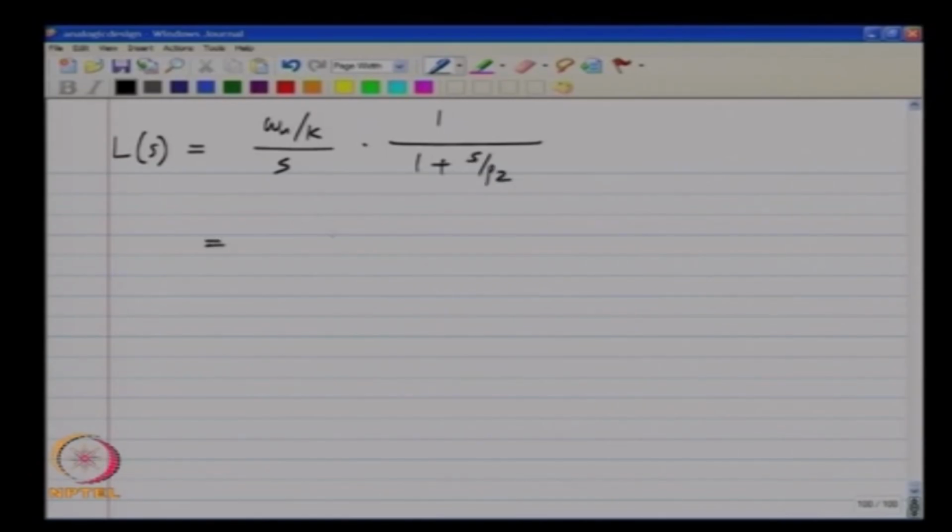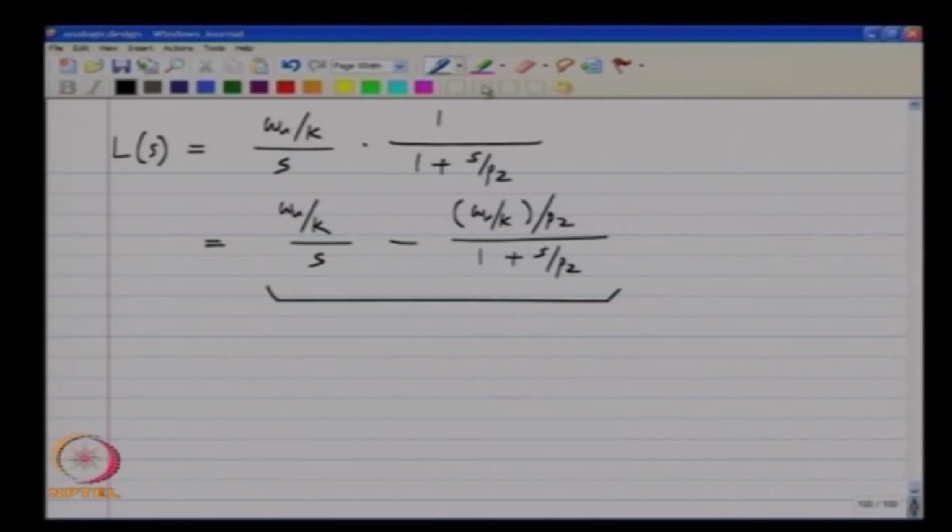This can be rewritten as, okay. So, you can verify for yourself that these coefficients satisfy the expression for loop gain.